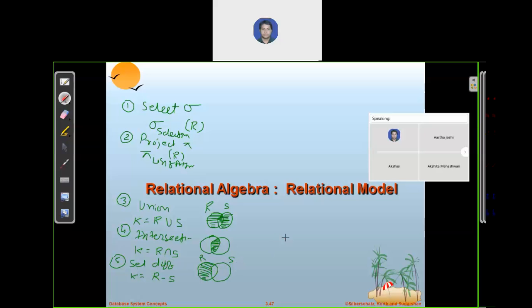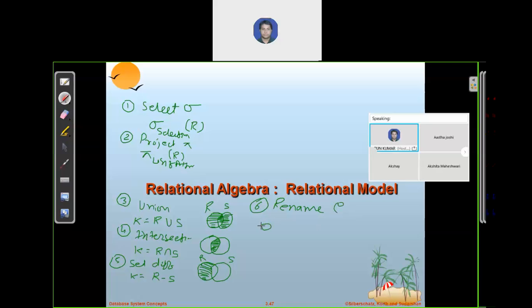Then we have seen one more operator called the rename operator. This operator will change the name of a relation, or it can change the name of the attributes of the relation.